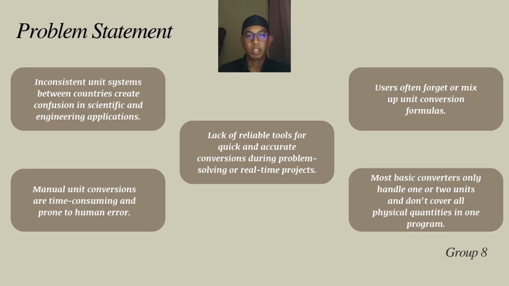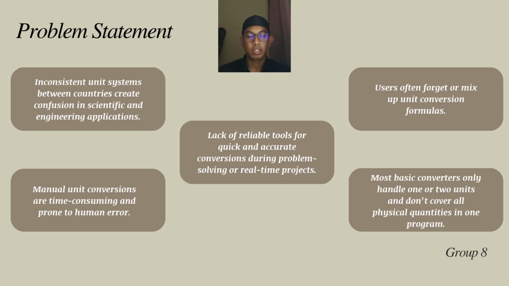So the first problem statement is that inconsistent unit systems between countries create confusion in scientific and engineering applications. The second one is that manual unit conversions are time-consuming and prone to human error. The third one is that users often forget or mix up unit conversion formulas.